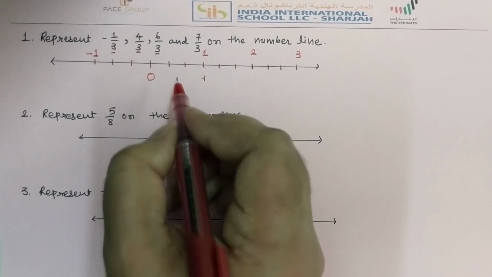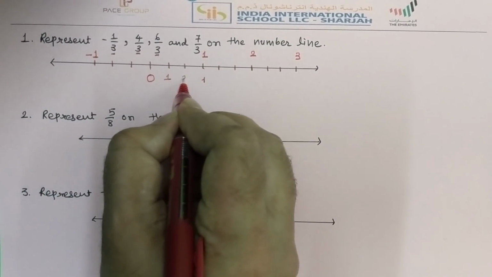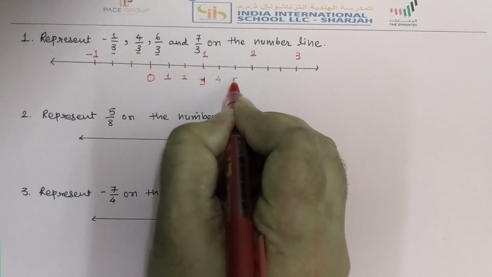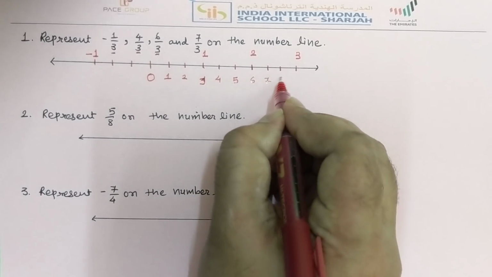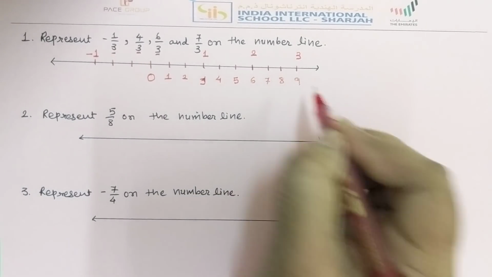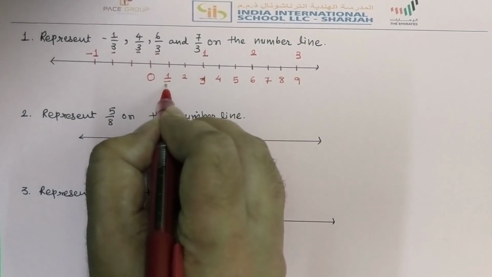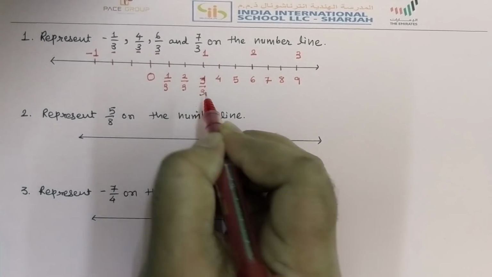So in this way, let's count how many parts we made: 1, 2, 3, 4, 5, 6, 7, 8, and 9, right? Then we write the numerators over the denominator: 1 by 3, 2 by 3, and 3 by 3.